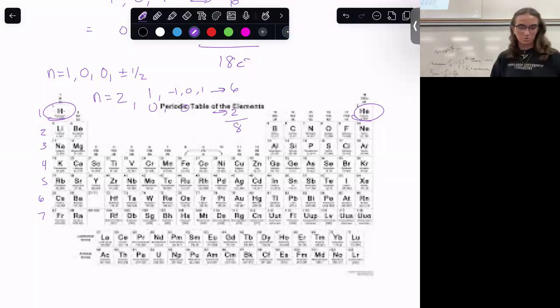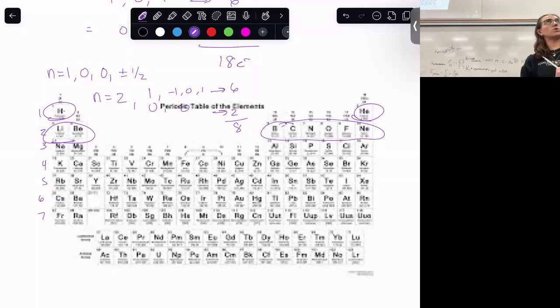In the second row of the periodic table, how many total elements are there? We have 8 total elements in our second row, which means we have 8 electrons that we can define from our second energy level. Do we see that?